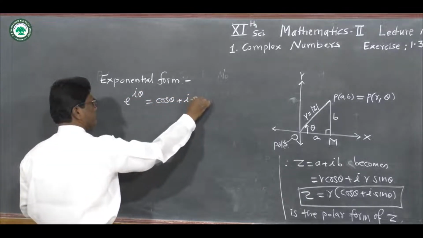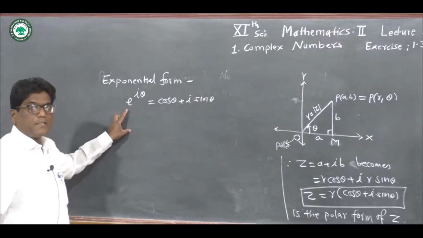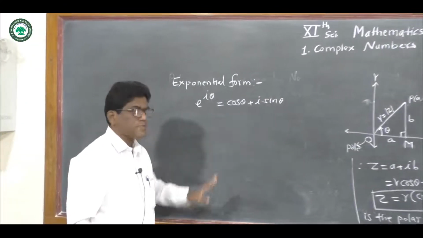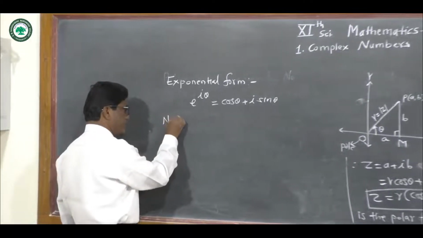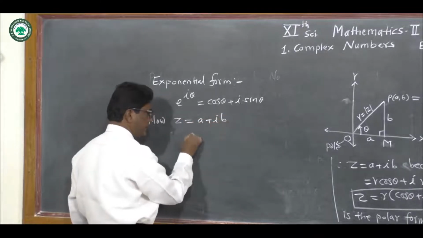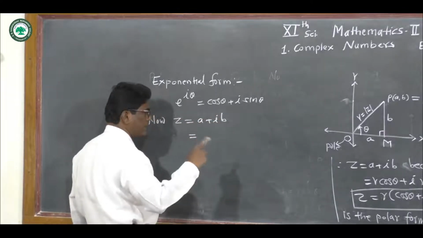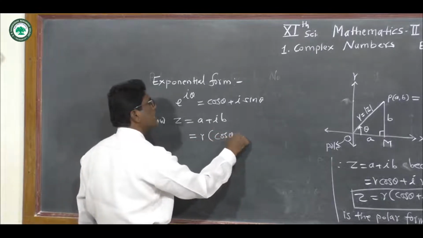This is the formula. Now we have just seen Z is equal to A plus I B. This complex number we write in terms of R and theta, meaning the polar form, that is R in the bracket cos theta plus I sin theta.